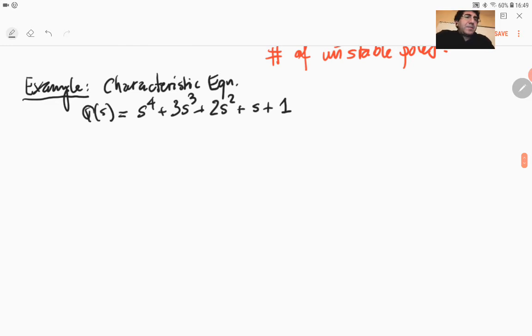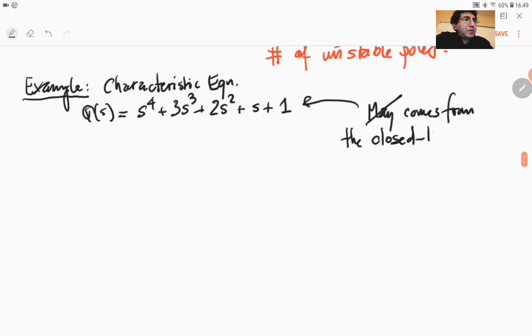In a question, you may need to obtain the transfer function and then the denominator polynomial to arrive at this point. This comes from the closed loop transfer function. So in some questions you may need to derive the transfer function and find its denominator in order to obtain the characteristic equation.